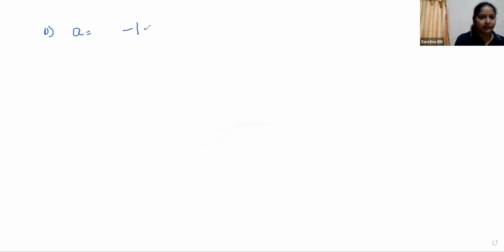Okay, will you do the fifth sum? A is equal to minus 1.25 and D is equal to minus 0.25. See, D is negative, so use brackets and write.